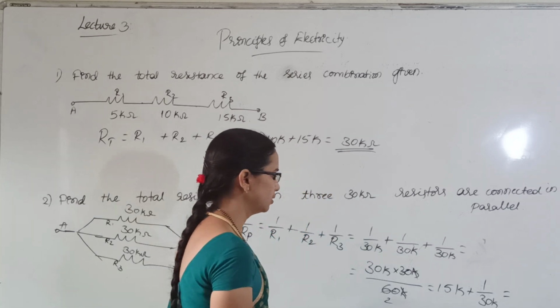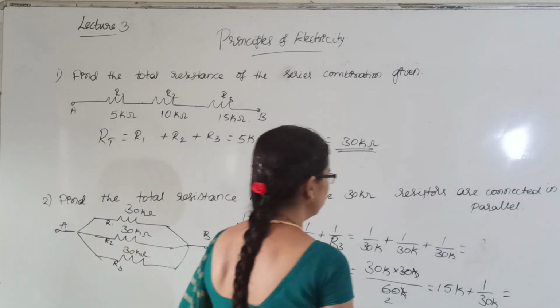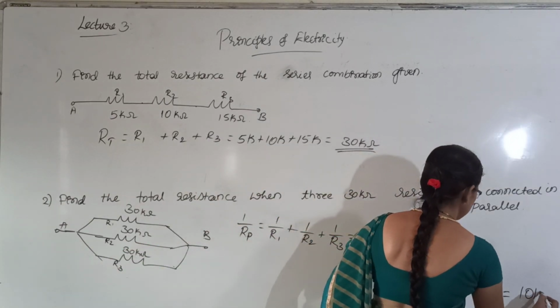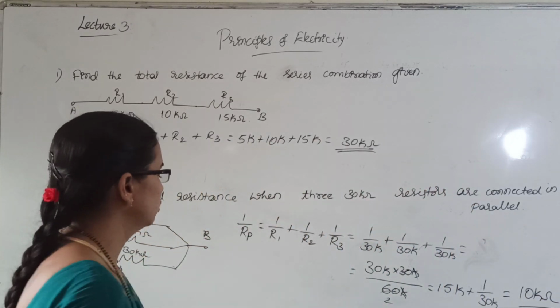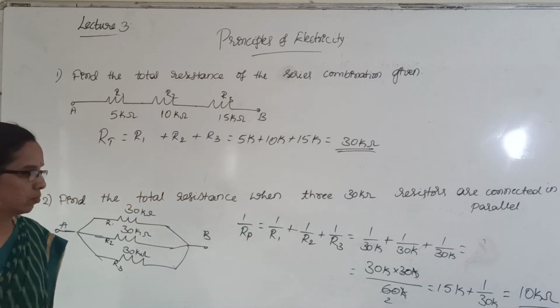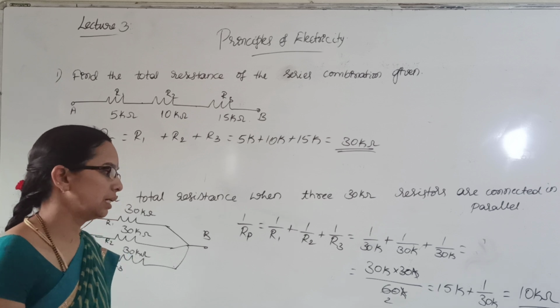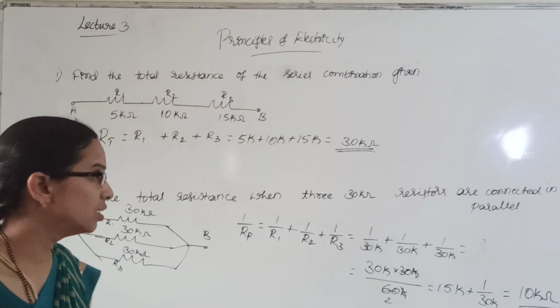How much do you get? 10 kilo ohm is the answer. That's 1 by 30 kilo ohm. Calculate it, you get 10 kilo ohm. Okay.